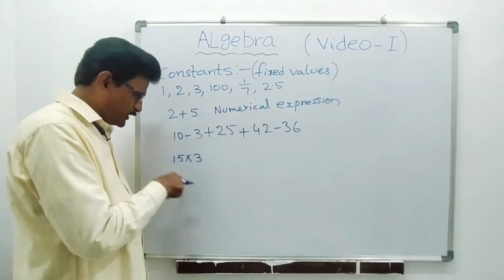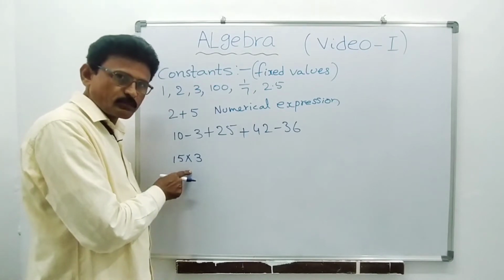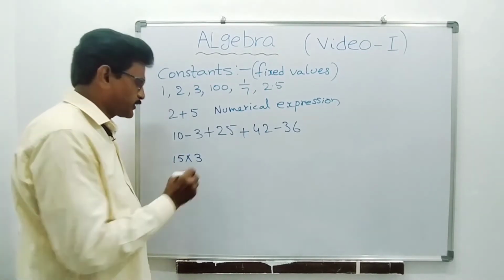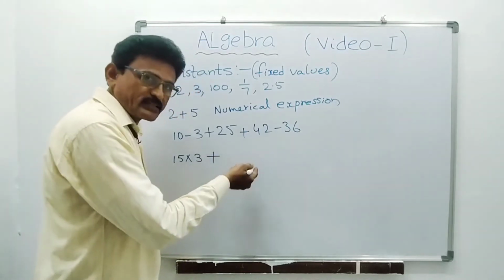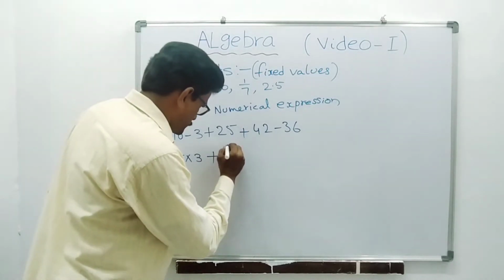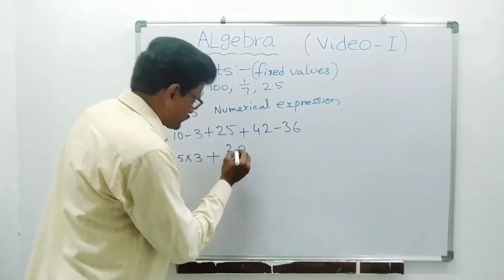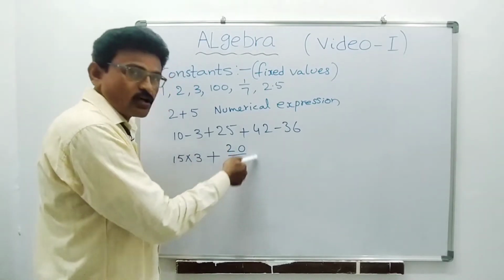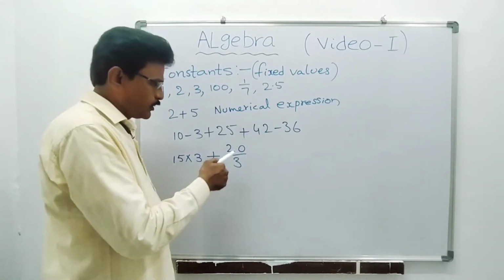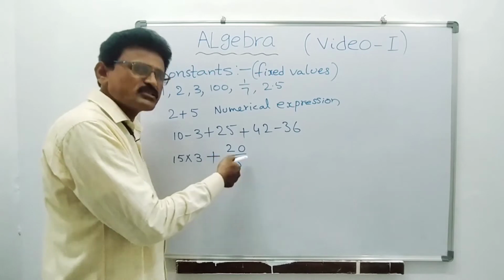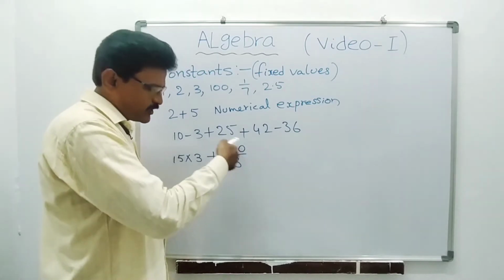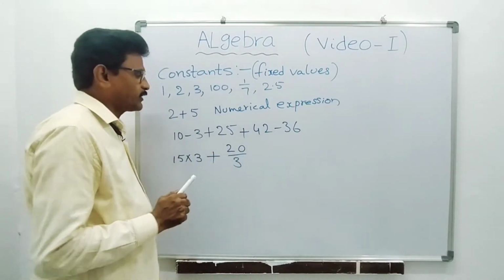Here 15 into 3 uses a multiplication symbol. That's why this is a single term. Plus, I am going to write the second term. Suppose 20 by 3. This is also a single term. 20 by 3 uses a division symbol. That's why this one is only one term.